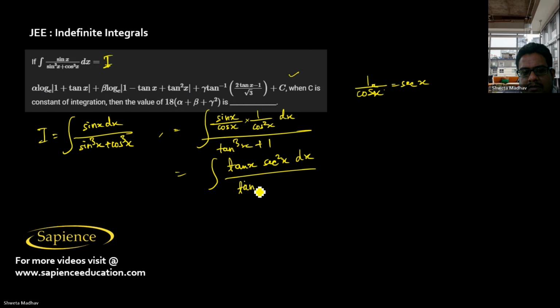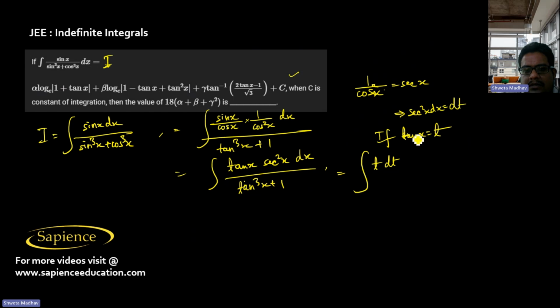Now here, if we take tan x as t, then this will be integral t dt. So we can say secant square x dx will be equal to dt. So this is t dt by t cube plus 1.